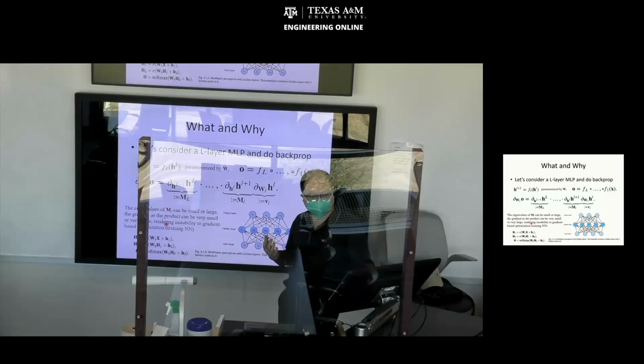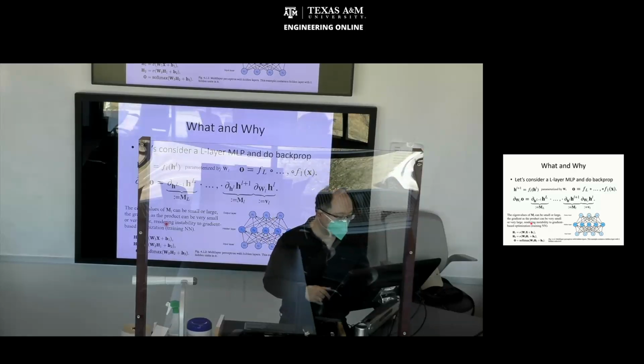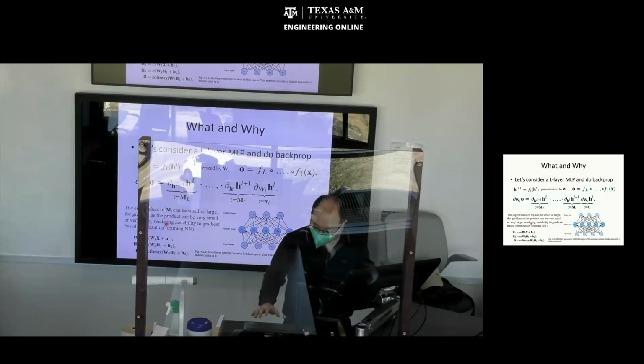If the gradients are very small or very large, then this could lead to instability in your gradient-based optimization when you are training the neural networks. So that is one glimpse of this vanishing and exploding gradient. But this is just an MLP.